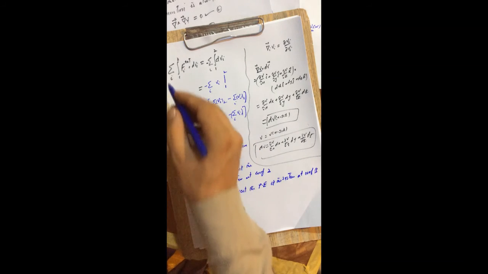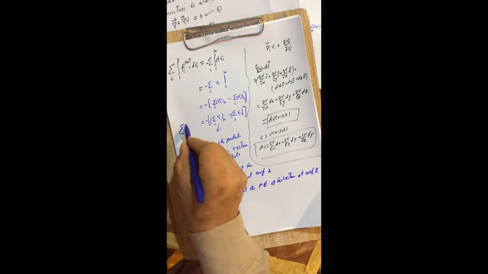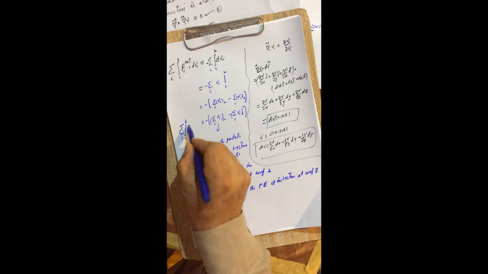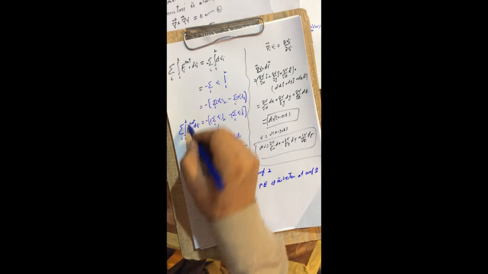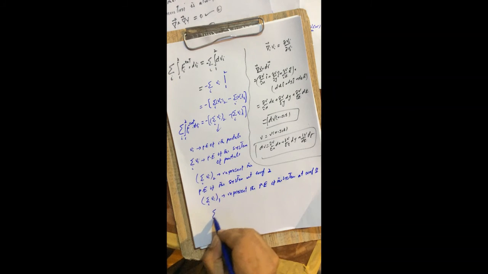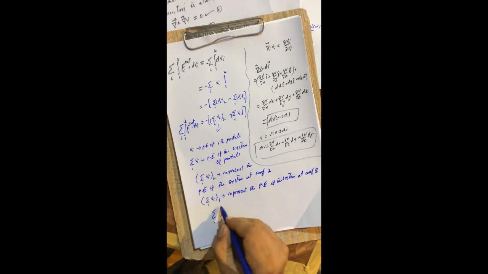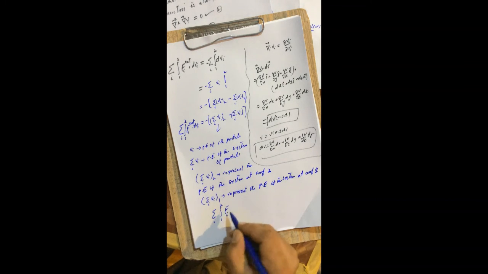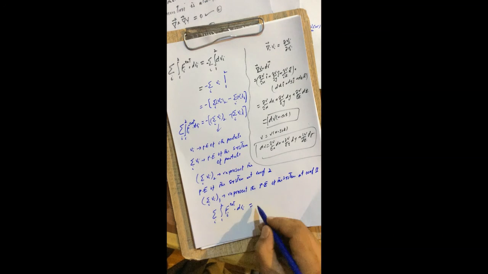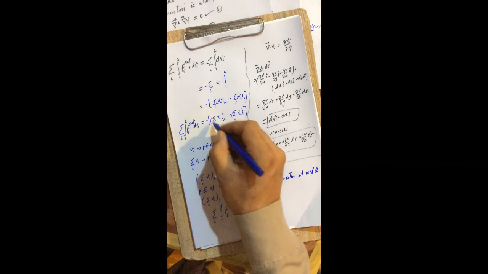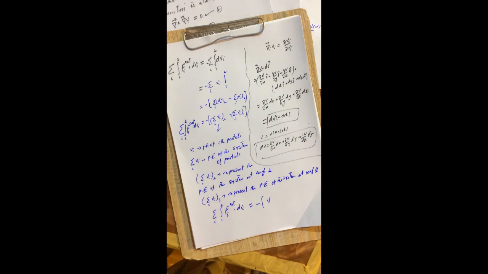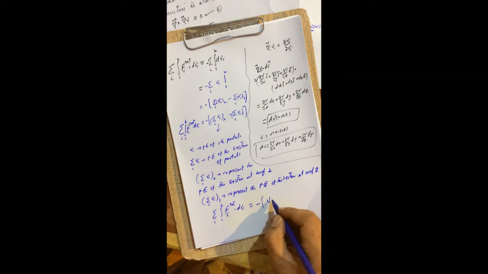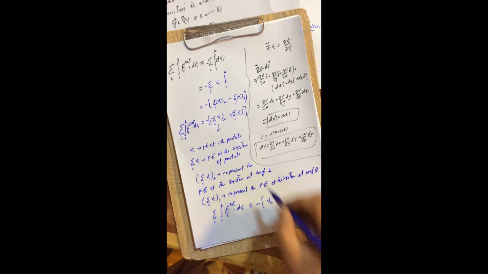So we have this whole expression: sum over i, integral from 1 to 2, F_i external dot dr_i, which is equal to, with this negative sign, the potential energy of the system at configuration 2 and the potential energy of the system at configuration 1.